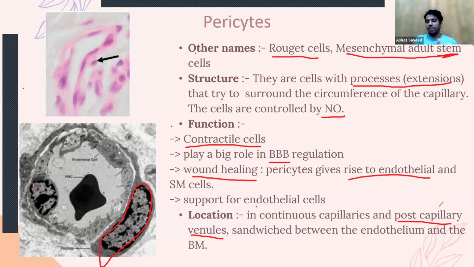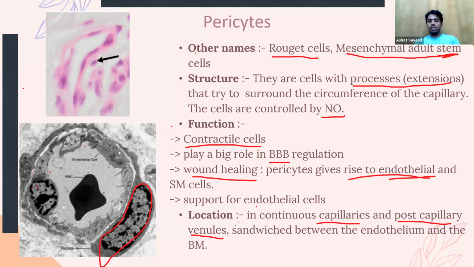Post, after; capillary; venule, a small vein. After the capillary ends and goes into a venule, that's your post-capillary venule, and that has smooth muscle cells. As for capillaries, it gives rise only to the endothelial cells because they don't have smooth muscle cells.